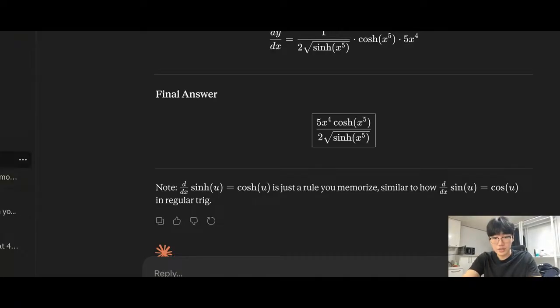So the answer is 5. No. Okay, let's try the first one. Okay. 5 times x to the power 4 times cosh of x to the power of 5, over 2 times the square root of sinh x to the power of 5.